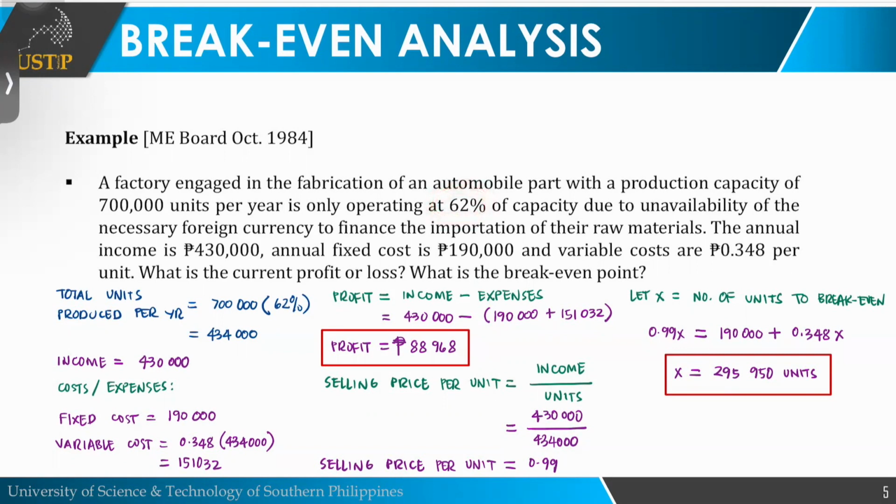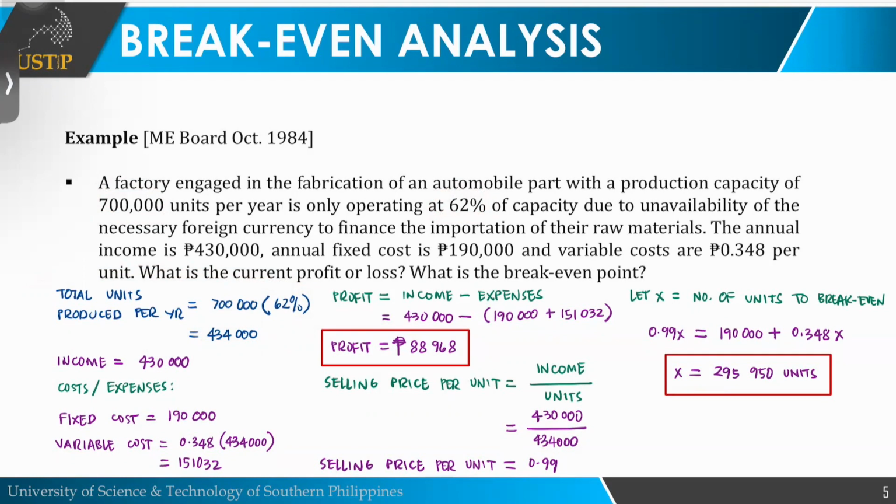Meaning, we just need to get 62% of the total units they are capable of producing, no? And that is the actual amount they produce per year. So the total units produced per year is 700,000 times 62%. That is 434,000 units. Okay, so that is very important in calculating for the profit or loss later.